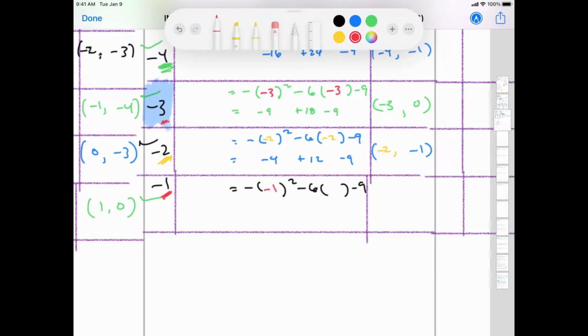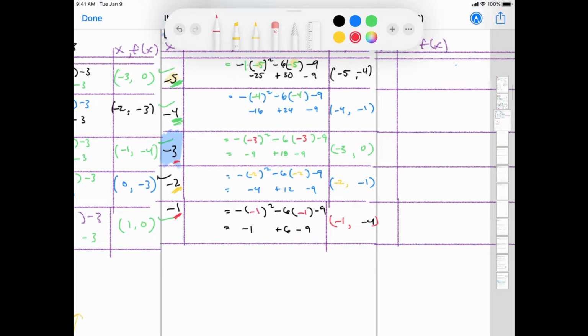Negative 1. So this will become positive 1, negative 1, positive 6 minus 9. So that'll be 5 minus 9, which is negative 4. And what do we put in there? Negative 1.